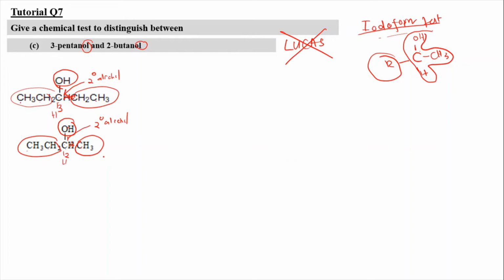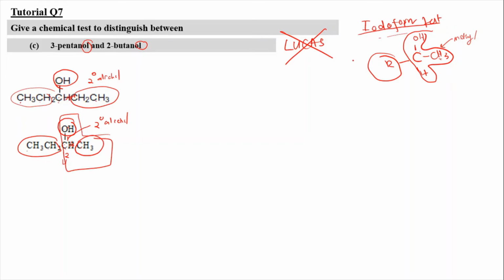If you look at this structure here, C is attached with OH, attached with H, but now attached with ethyl. So it is not the same, because we need a methyl here. But for here we have C, OH, H, and CH3, so we know that this is the same as this one.